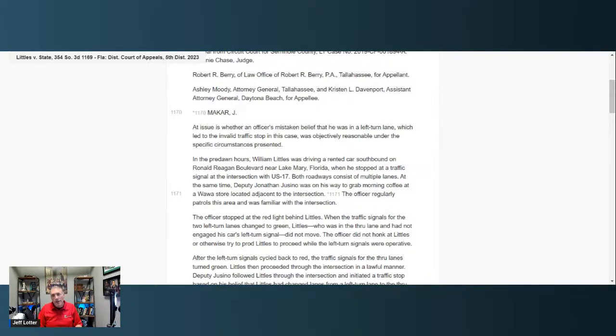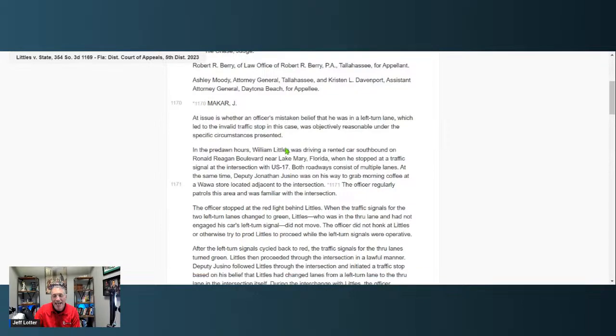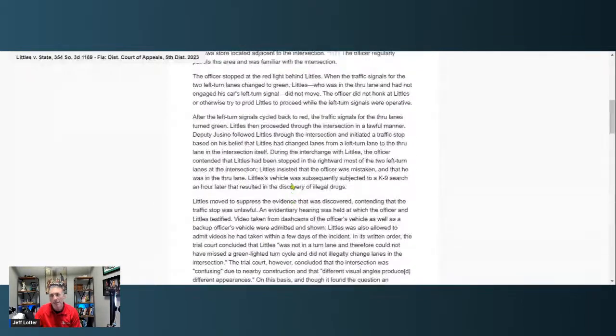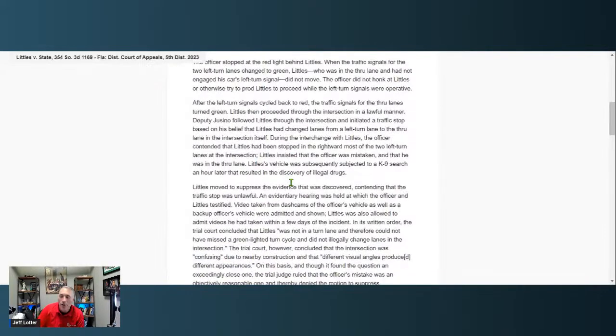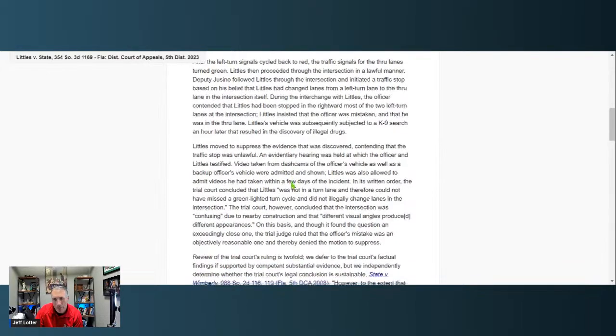In Littles, the officer thought the driver was in the left turn lane, so he pulled him over when he didn't go through the green light. But the guy wasn't in the left turn lane. He was in the through lane. So the officer made a mistake, and the judge in this case seems to bend over backwards in order to justify the officer's mistake, and she upholds the traffic stop as reasonable.